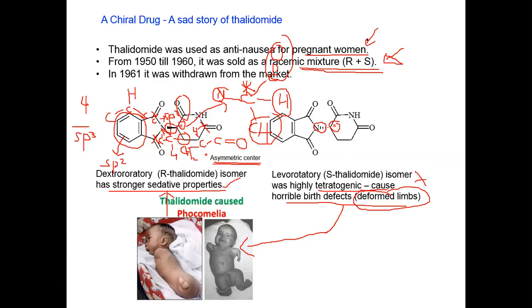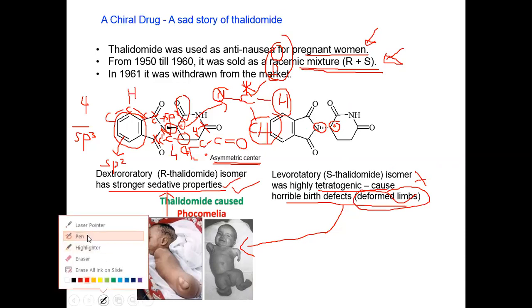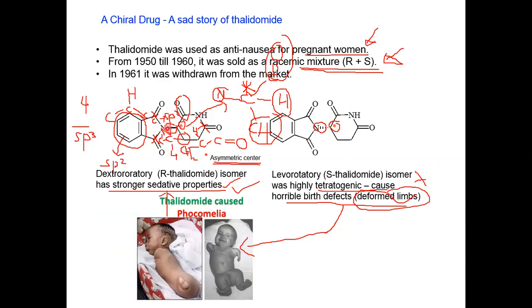So this woman will get the sedative effect. At the same time, her child will be deformed. Due to the different central chiral carbon here. Just because of this wedge and this dotted one. Just because of that linkage makes the drug bad.